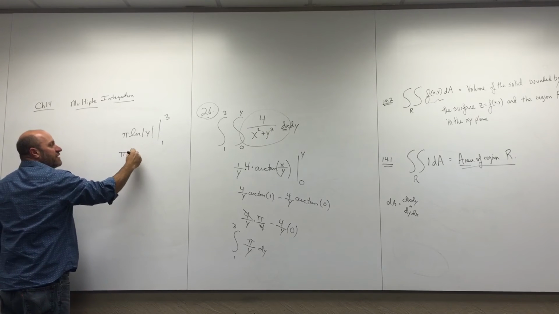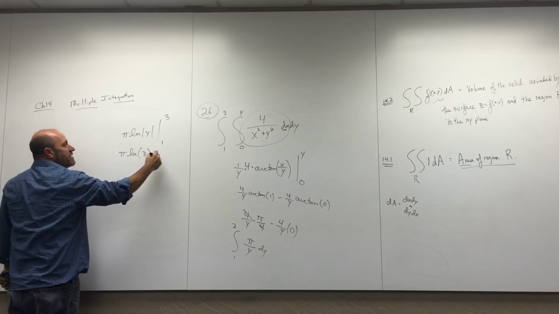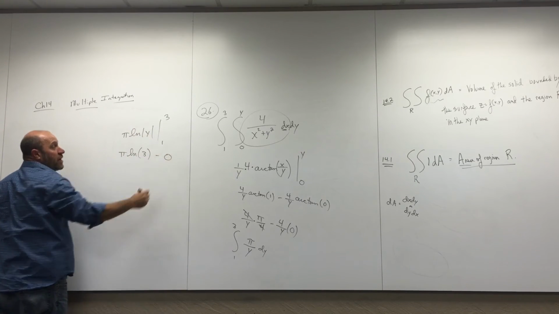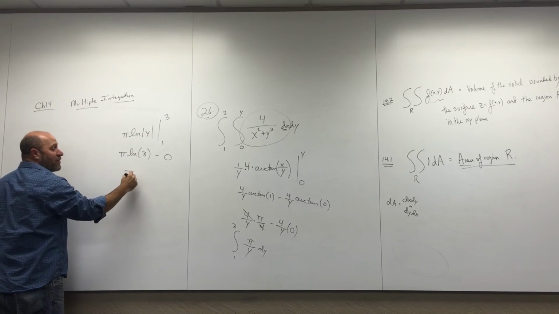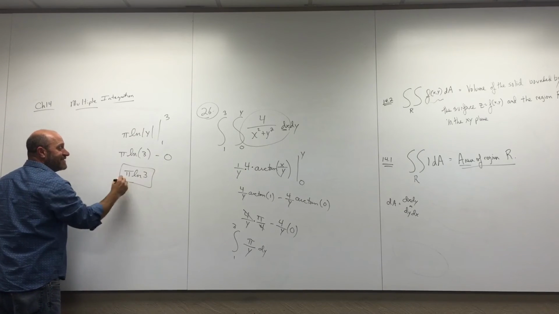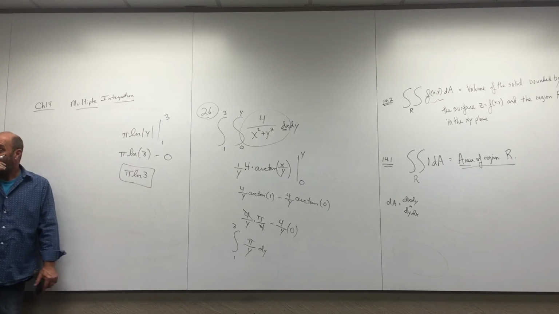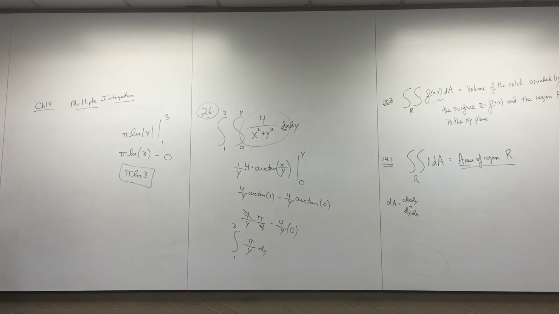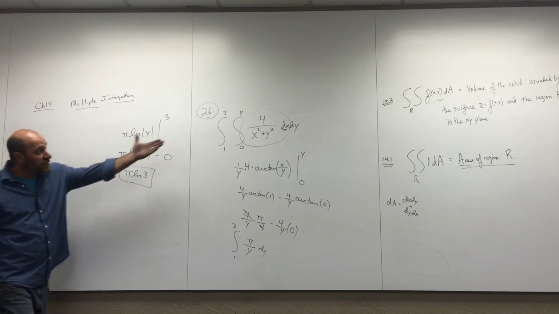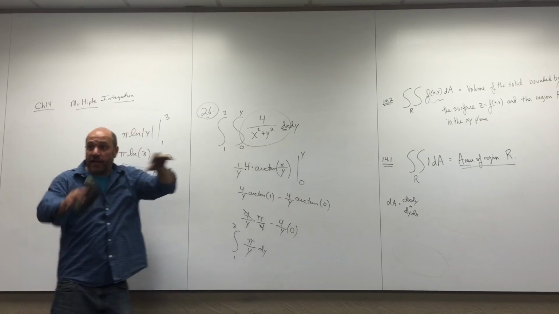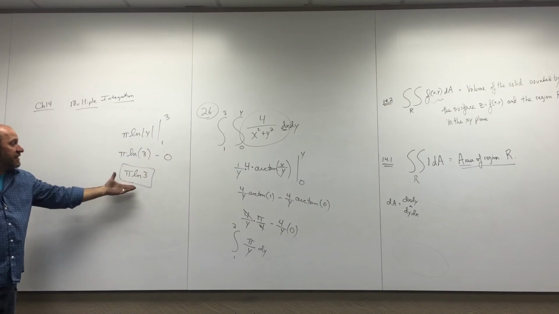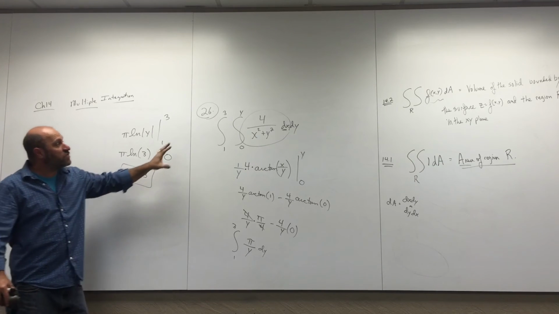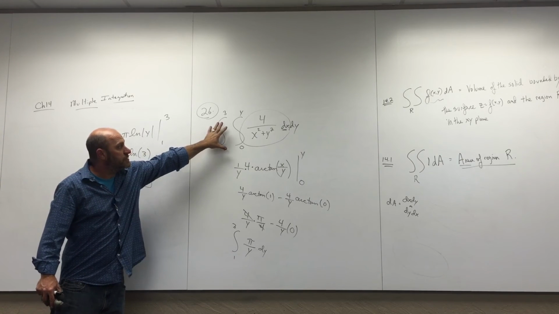And then you get the log of 3 minus the log of 1, which is 0. We're done. Pi log 3 is the answer. It's a number. Pi log 3. I guess it's technically the volume under this surface. I don't even know what that surface looks like, but under that surface, over this region.